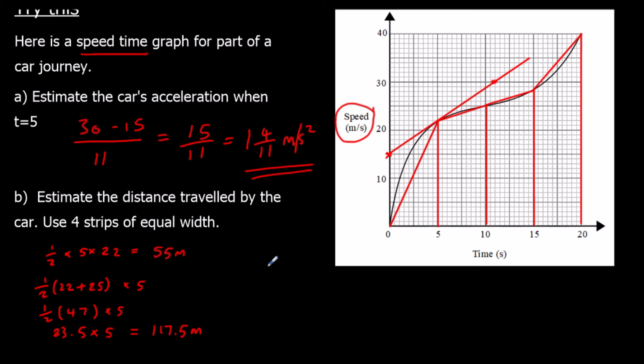Then we've got the next trapezium. So half of 25 plus 28 times the distance between them, which is 5 again. 25 and 28 make 53.